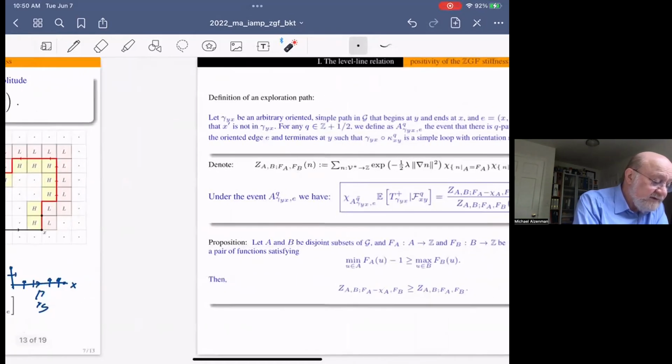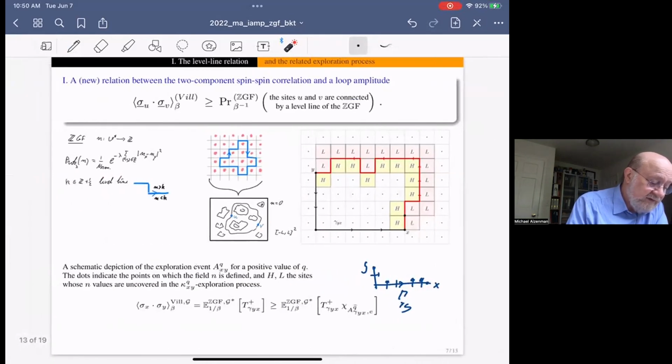The definition is stated here, but let me first do it in terms of this picture. To determine whether X and Y are linked by a Q level, remember Q is half an integer, to be linked by a Q level means that there is a path along which the function is higher than Q on the left side and lower than Q on the right side.